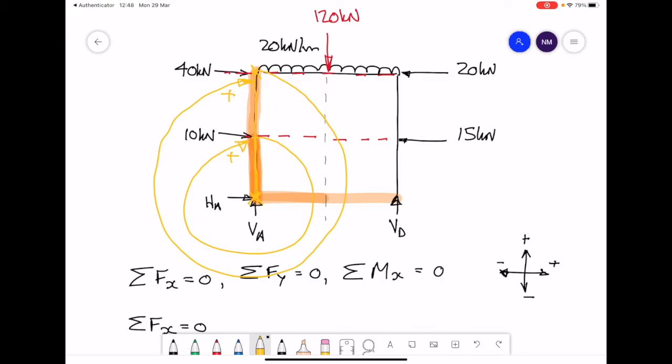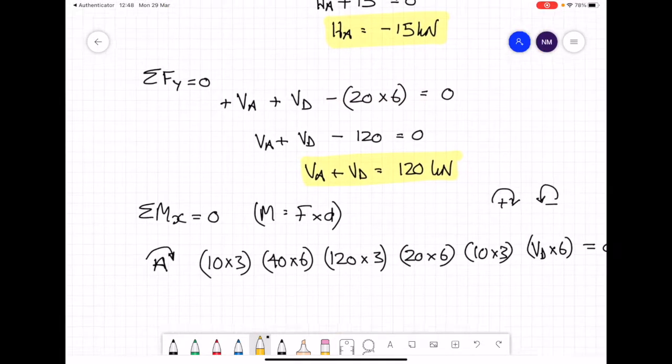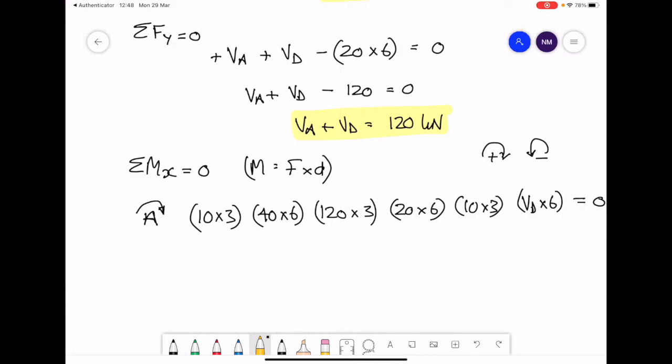Similarly, for the UDL, it's concentrated down into a point load of 120 kilonewtons. If that force were on a piece of string and allowed to freely rotate around point A, the way the arrow rotates, it also wants to go around in a clockwise manner. So the first three moments we have in our equation are positive.